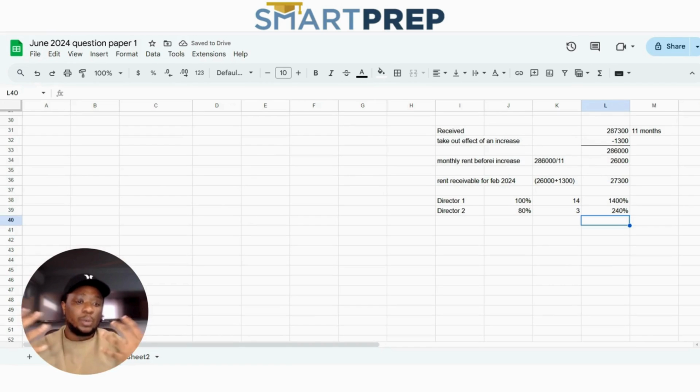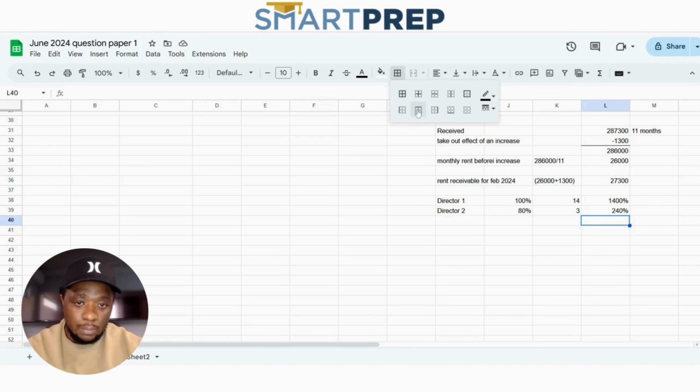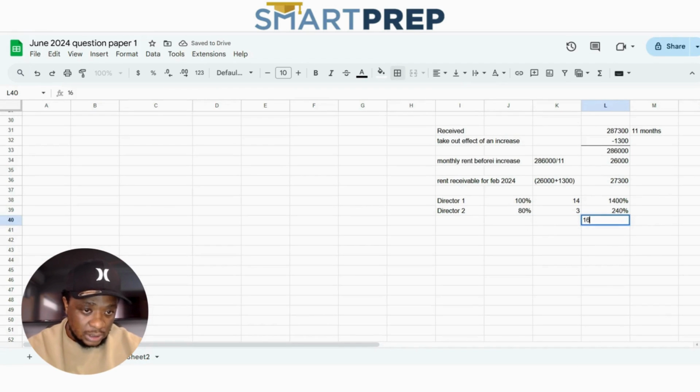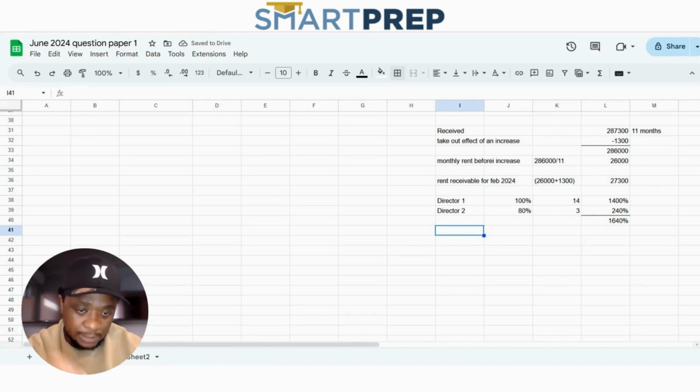In other words, we paid our directors a combined total of 1,640%. Let's just add the percent there. That's how much we paid our directors.